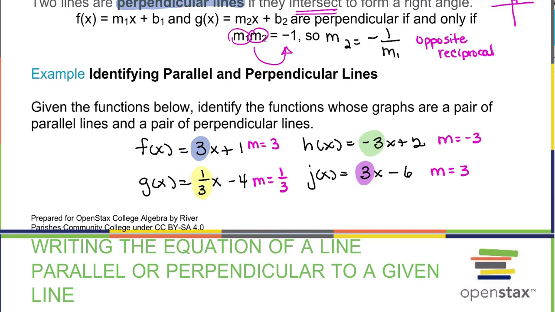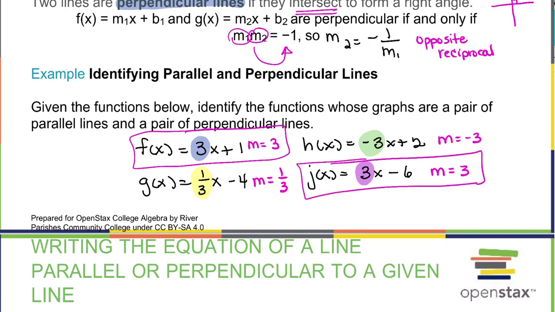All right, so let's pick out the ones that have the same slope. So f of x and j of x are parallel because they have the same slope.